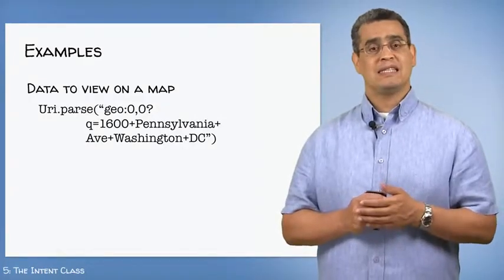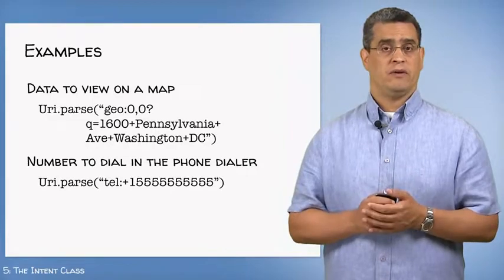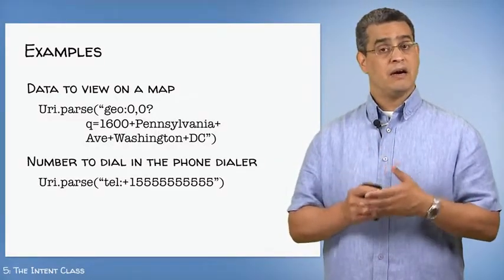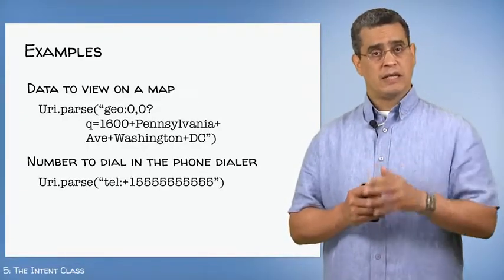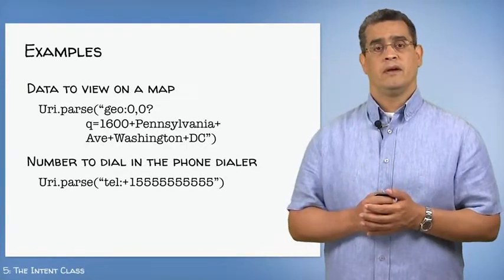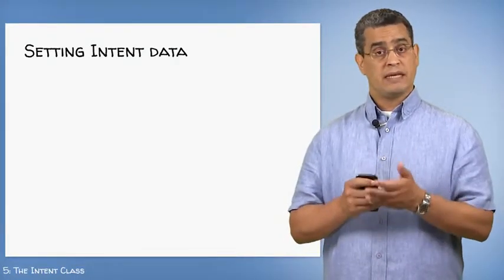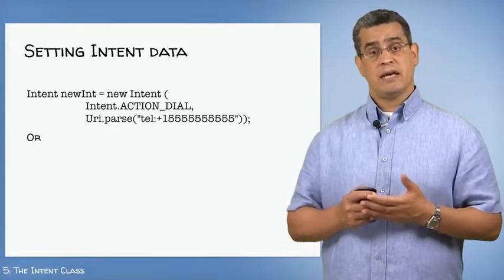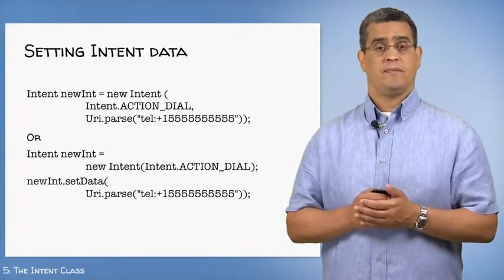Another example is a tel-schemed URI, indicating a phone number that you want dialed. And note that the strings that represent the underlying data are first being passed through the Uri.parse method, which takes that string and then returns a URI object. Now, you can set the intent's data in a variety of ways. For instance, you can pass it directly to the intent's constructor, or you can create an empty intent and then use the setData method to set the data for that intent.